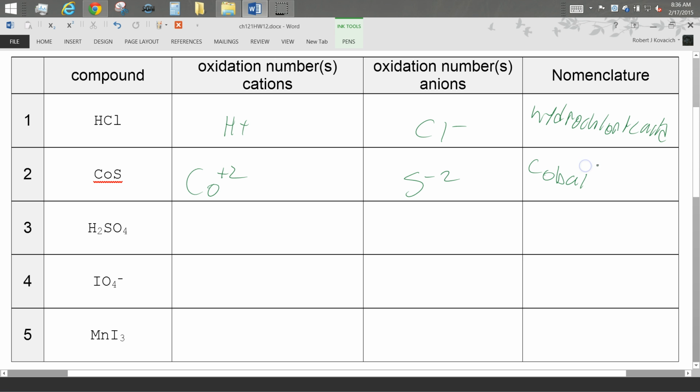Oh, is it cobalt 2? What is going on? You're seeing that, right? Yeah. That is really hard to write. Yes, cobalt 2. Huh.